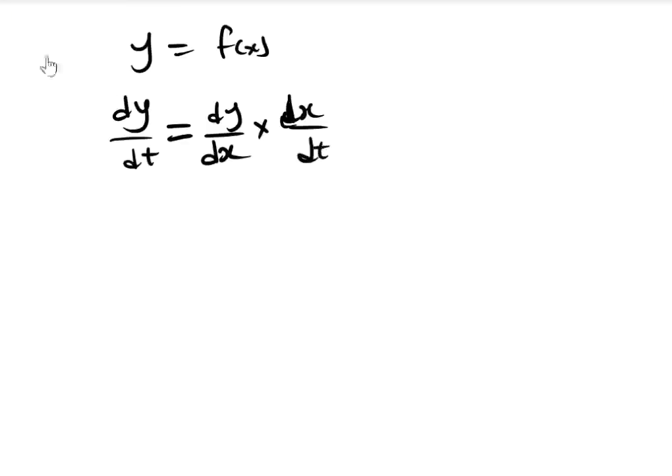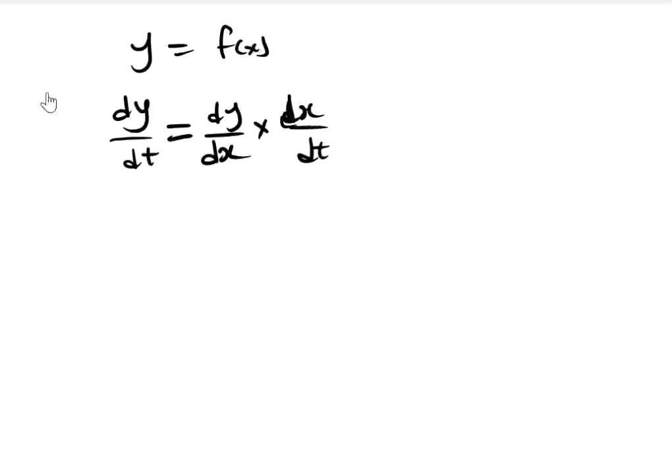This formula means that for you to know the rate at which y changes with respect to time, you will first of all know the rate at which y changes with x, since it's a function of x, and you will know the rate at which x changes with respect to time.